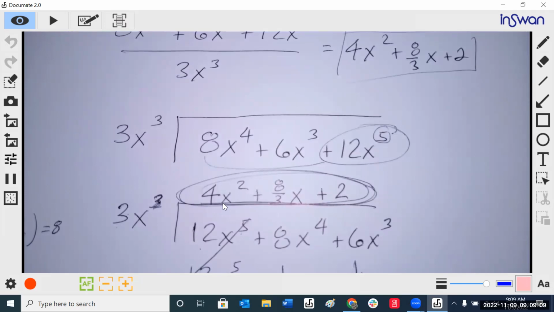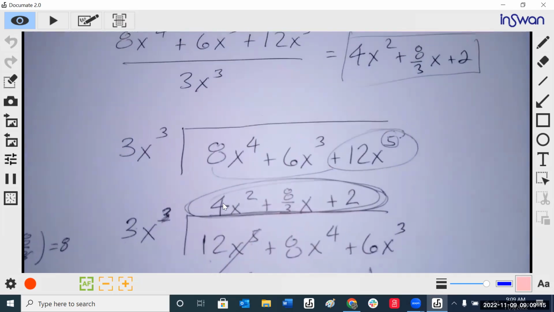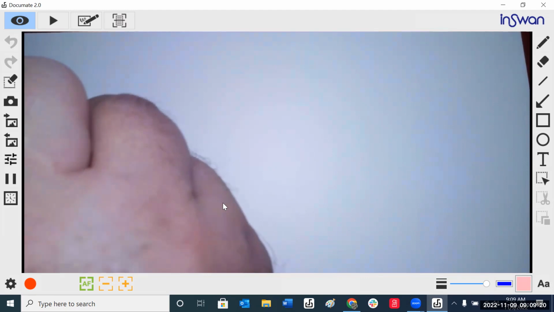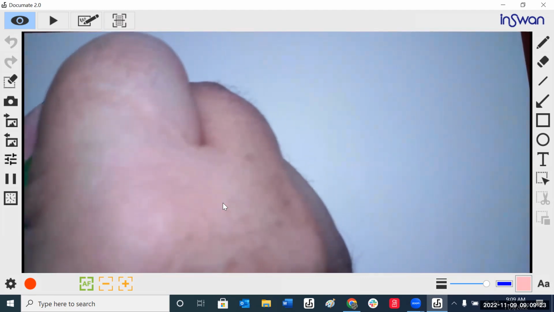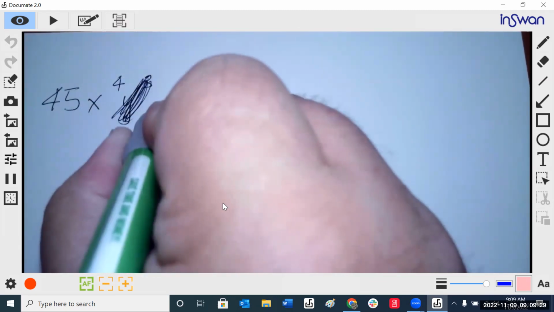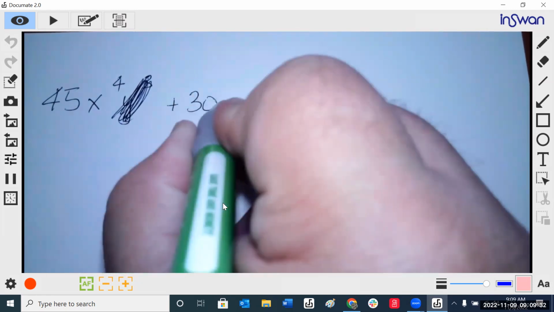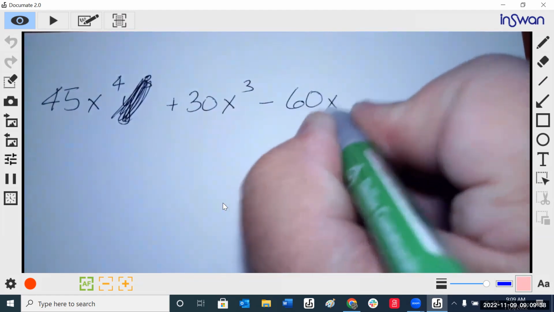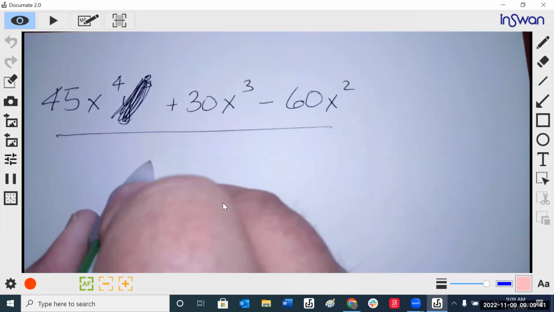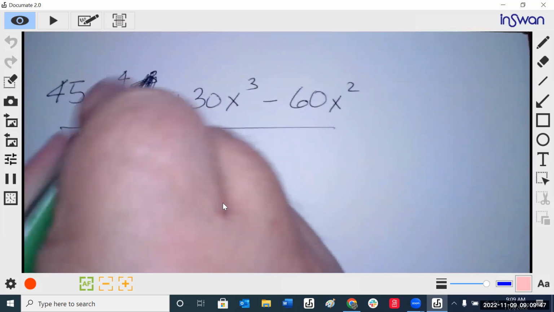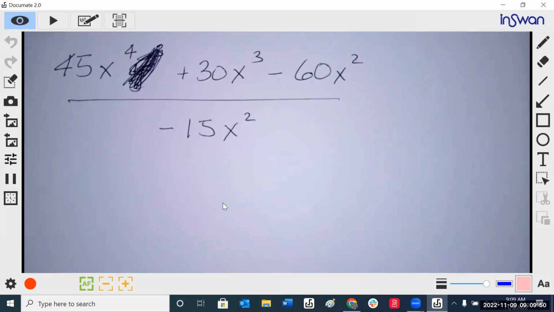Let's try one more, with a negative sign on the bottom. There.